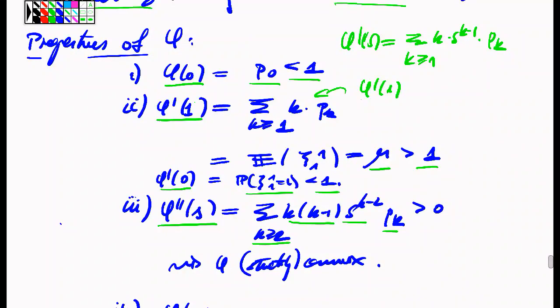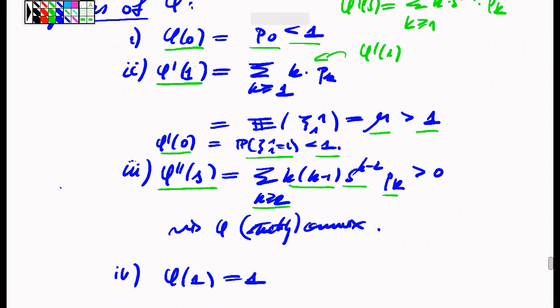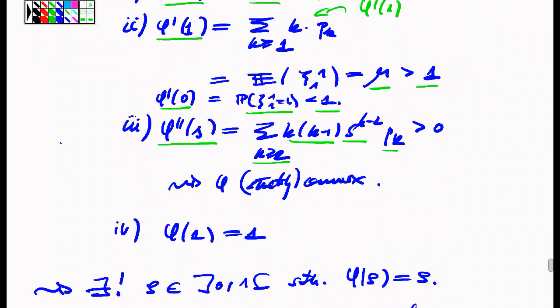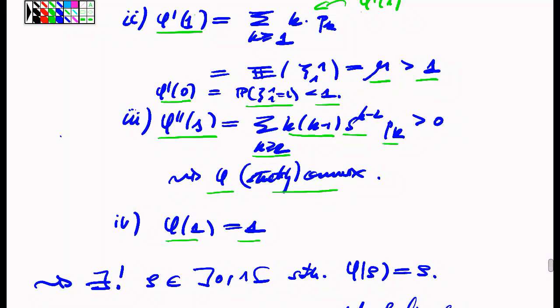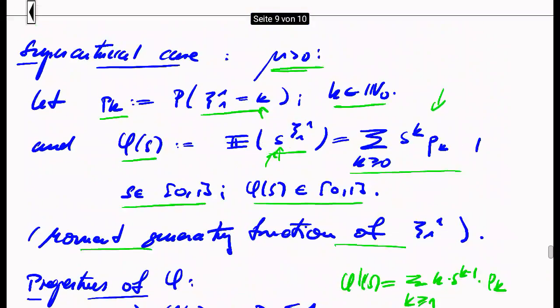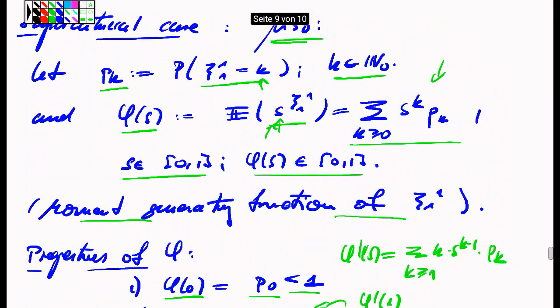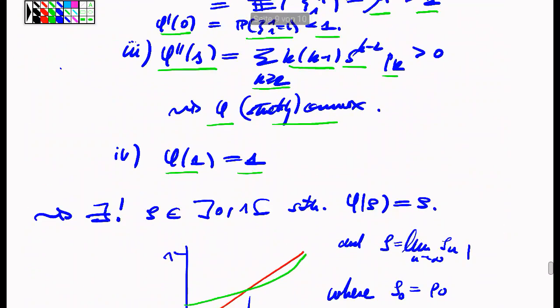And this is a number which is strictly positive if the random variable is not deterministic and the expectation is strictly greater than 1. So hence, we see that this function phi is also strictly convex. And finally, the value of phi at 1: if we insert s equals 1, then this s power to something is just a 1, so therefore phi of 1 is 1.